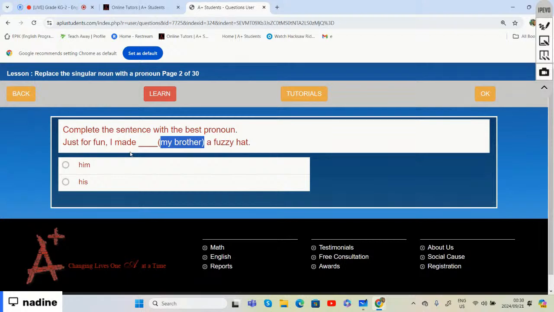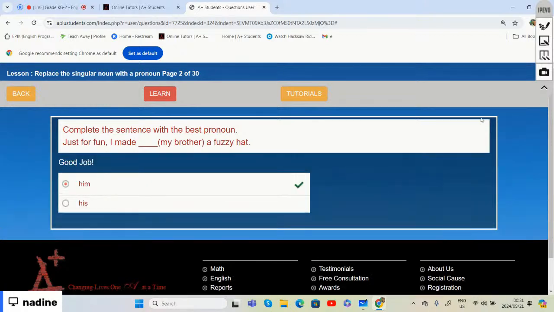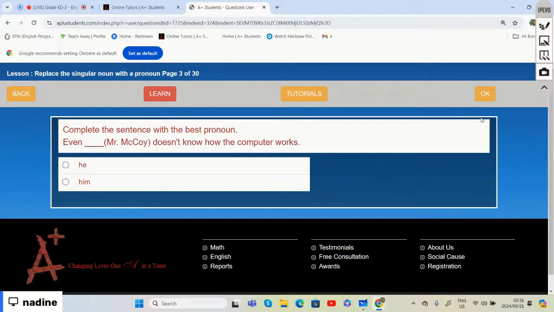So now, if I'm going to replace my brother, do I say I made him a fuzzy hat, or do I say I made his a fuzzy hat? So I made my brother, which means that I made him, right? You made him one. So, well done.